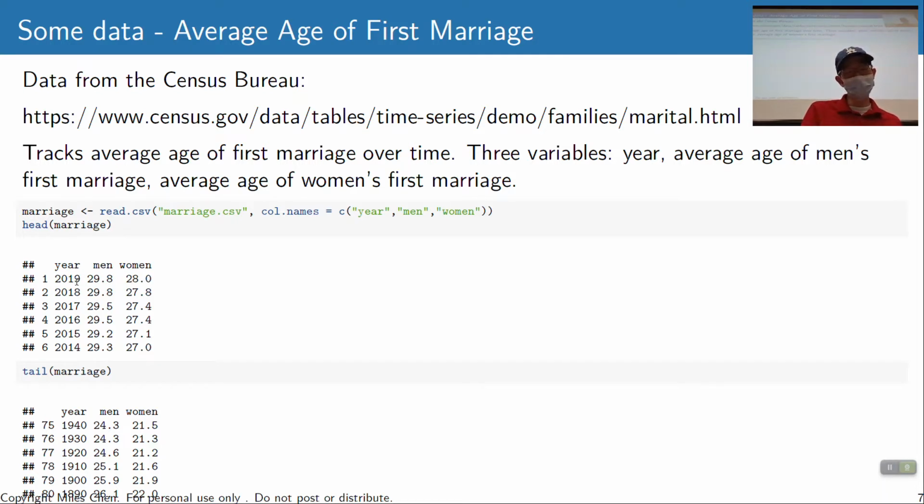And this is what it said. In the year 2019, for people who got married for the first time, the average age for men was around 29.8 years, and for women was 28.0 years. In the previous year, 2018, the average age was 29.8 for men, slightly lower for women, 27.8, and so on. Obviously, there are people who were older when they got married for the first time, and people who were younger.